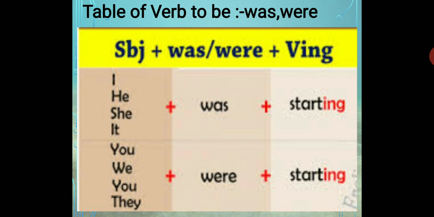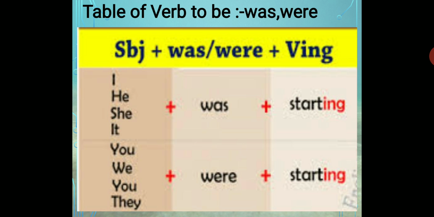We use was with I, he, she and it, means with the singular form of noun and pronoun. And you, we, they: with you, we and they we use were, because they are the plural form of pronouns.